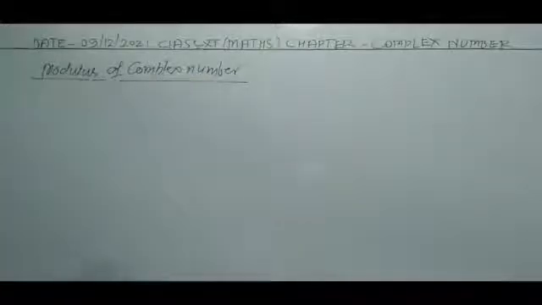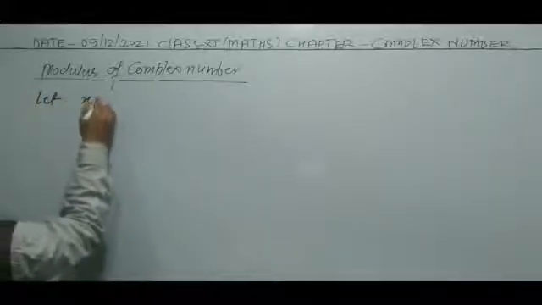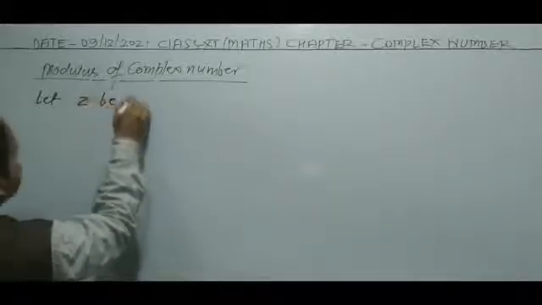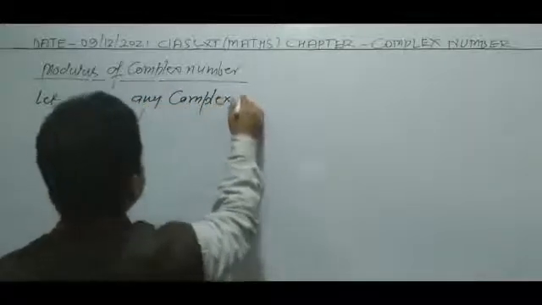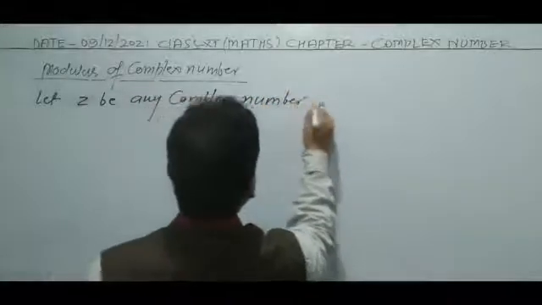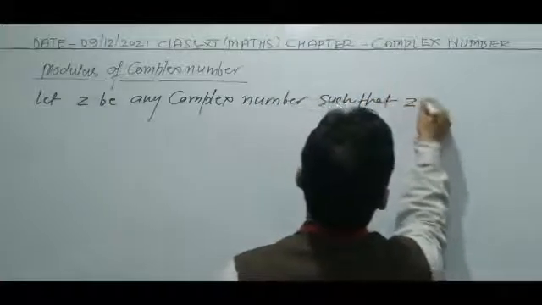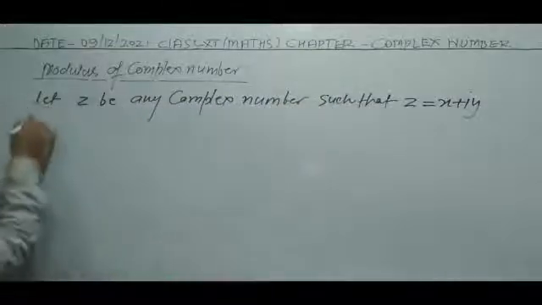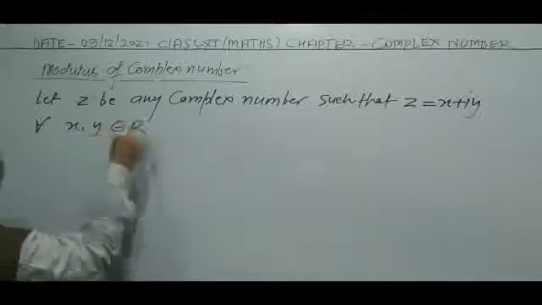Let small z be any complex number such that z is equal to x plus iy for all small x comma y belongs to real.